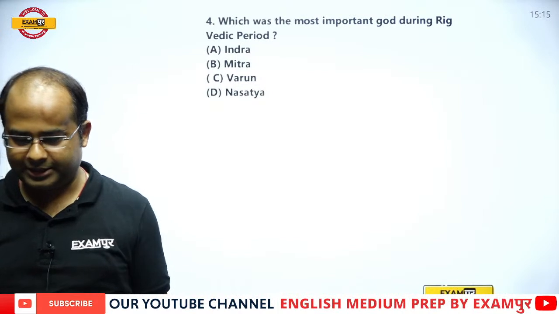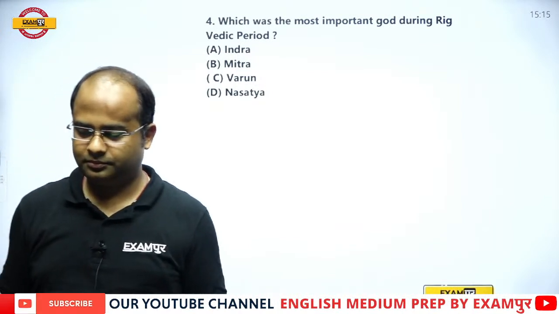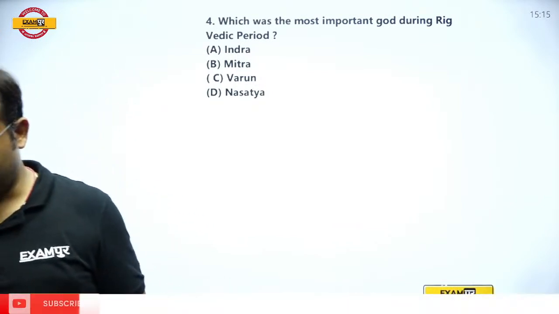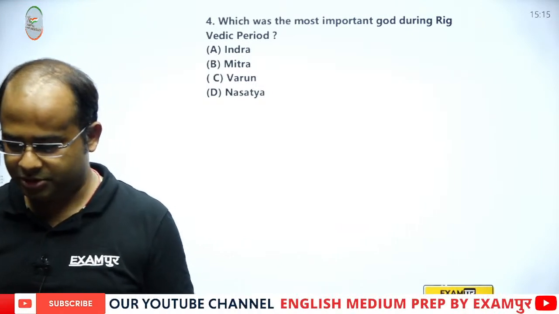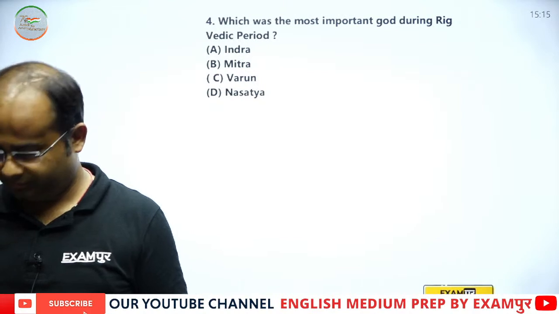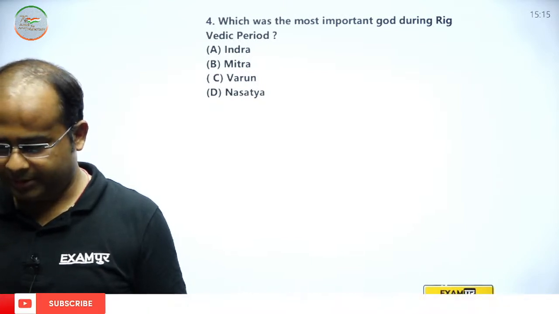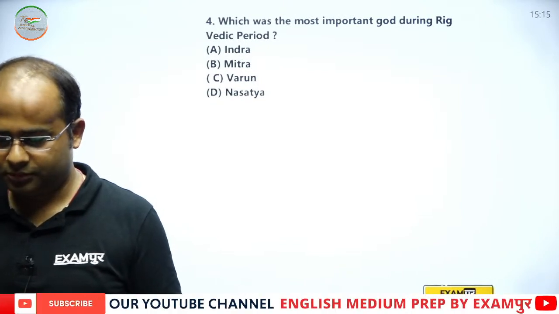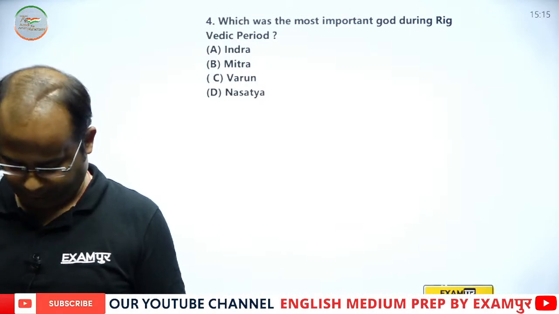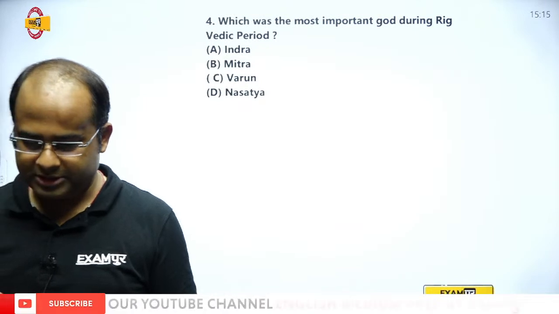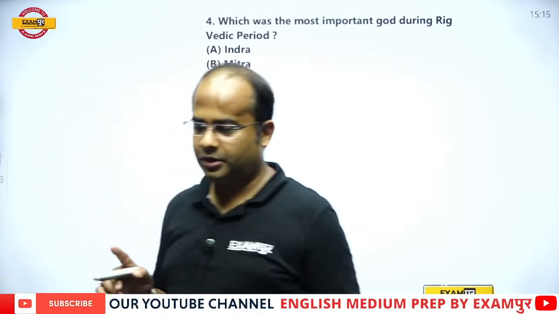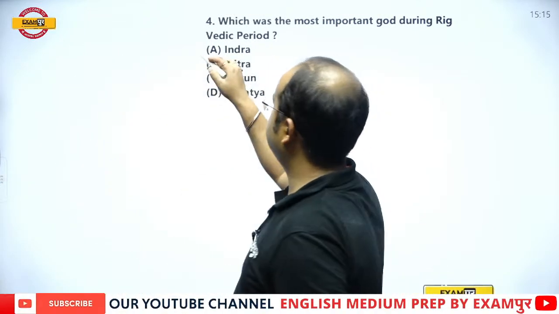Let's see the correct answer. Okay, so the correct answer will be option A. Okay, Dipesh, done. Okay, what about others, guys? See, the most important god during the Rig Vedic period is Indra.